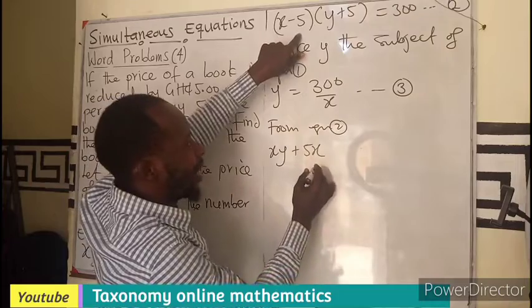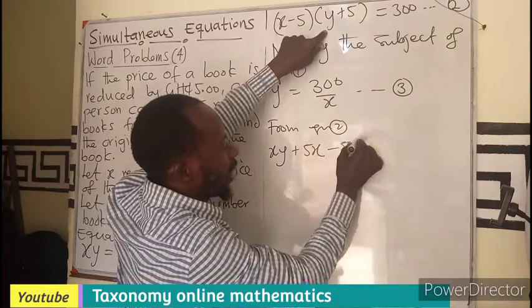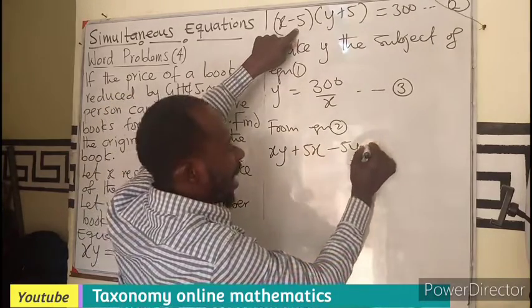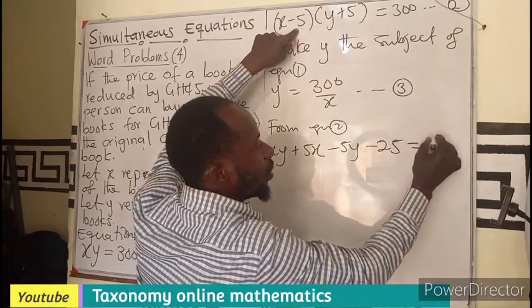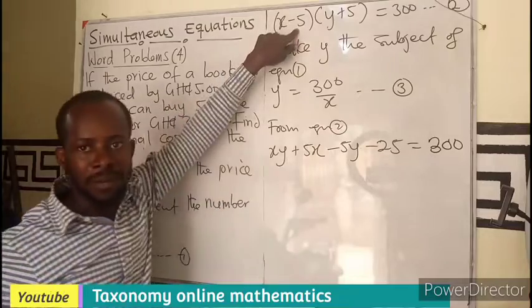Then the inside will be minus 5 times y, minus 5y, minus 5 times 5, minus 25 equals 300.